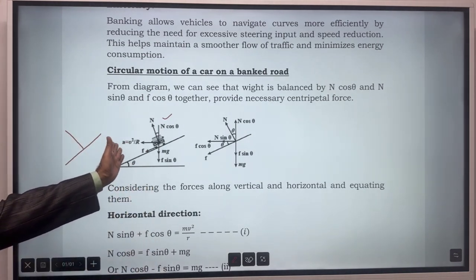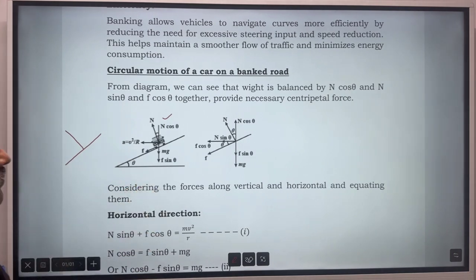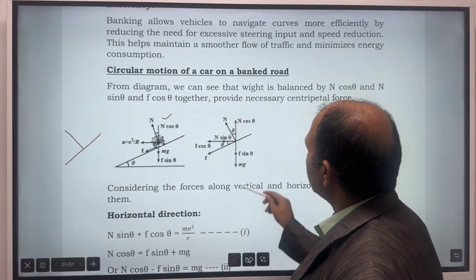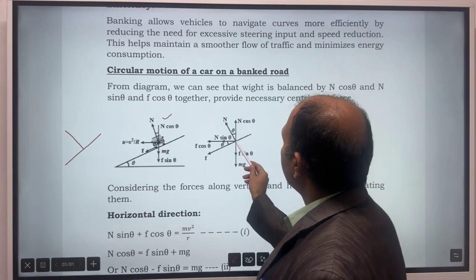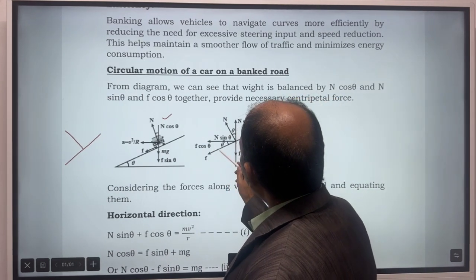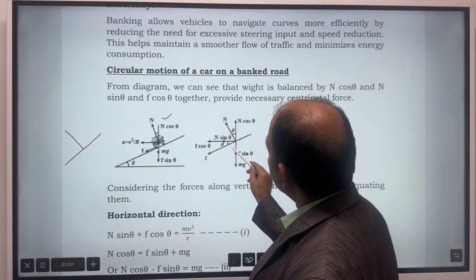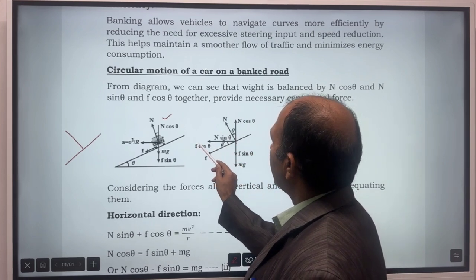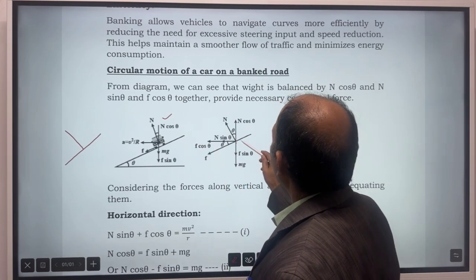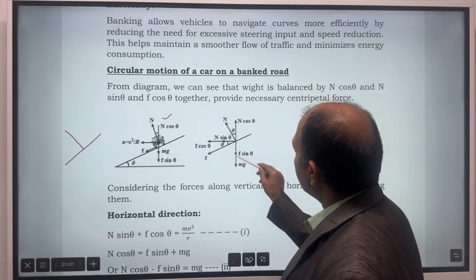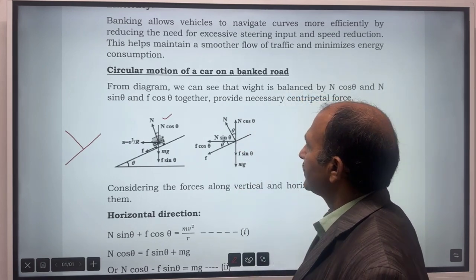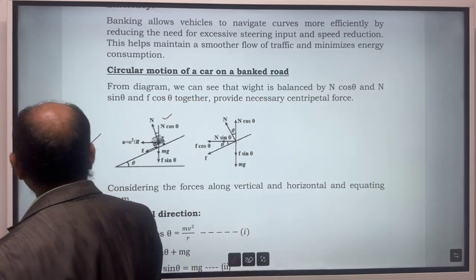Here centripetal acceleration is shown, v square upon r. So if you analyze it in detail, you can see the same thing: if friction is in this direction, this angle is theta, and then f cos theta will act in this direction, and the same thing is shown that mg is in this direction, f sin theta is also in this direction, and N cos theta is this. So we can write all these components.